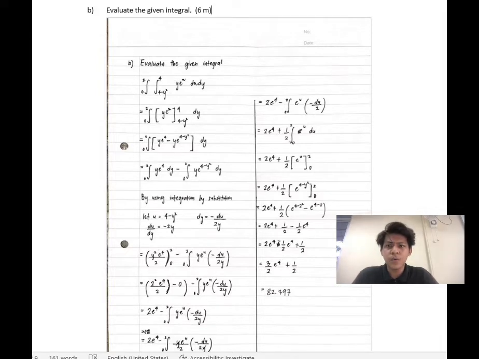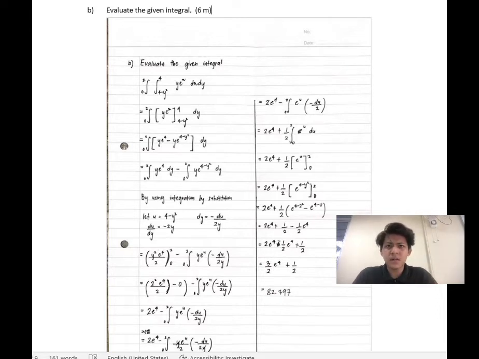First, y times e to the power of 4 over 2, and we integrate just as usual because we don't need the substitution, since the equation is easy to convert. Then minus the integral from 0 to 2 of e to the power of u, because we substitute 4 minus y squared with u.